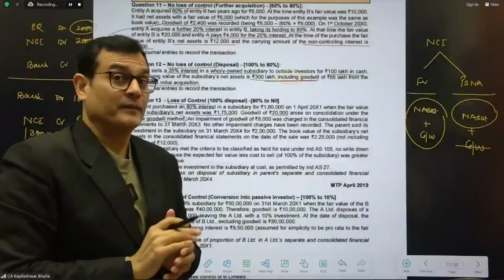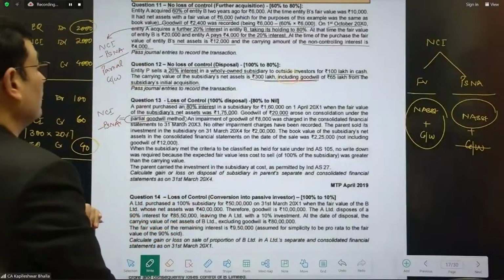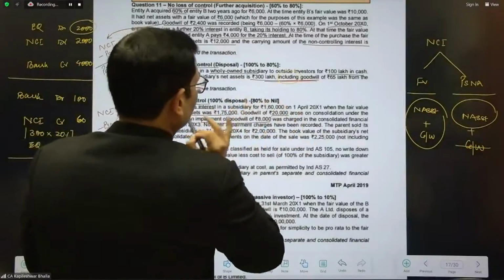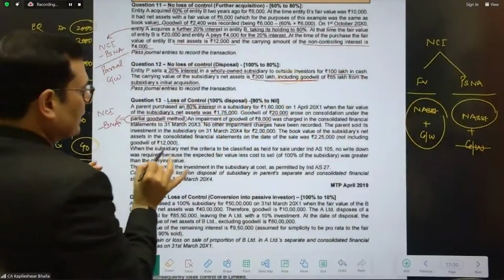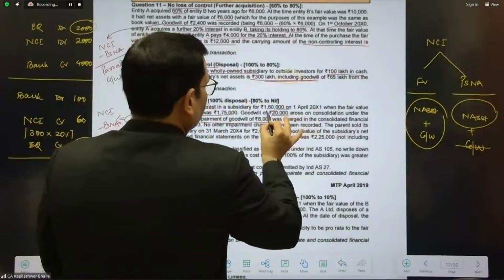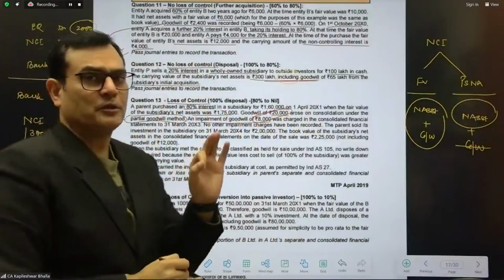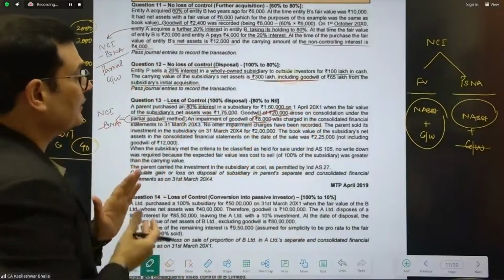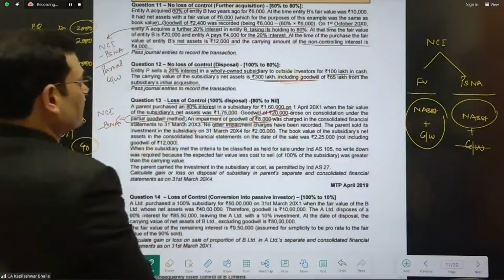So in this particular case, we are clearly given that the NCI was recorded under partial goodwill. An impairment of goodwill of 8,000 is taken to the consolidated statements, which means the goodwill appearing in the books of accounts is only 12,000. It was identified to be 20 at the time of consolidation, but then 8,000 impairment, so we are left with 12. No other impairment charges have been recorded.